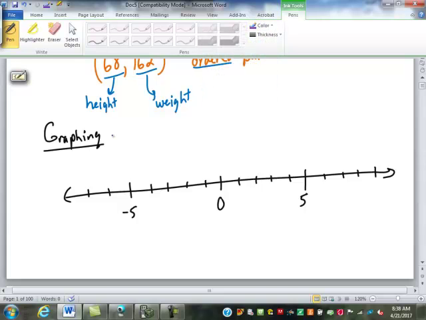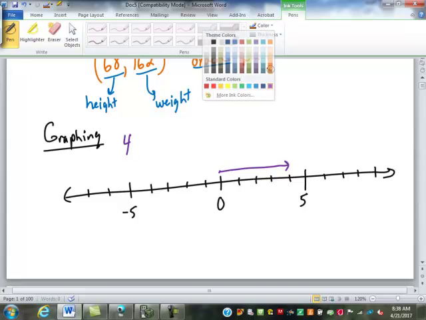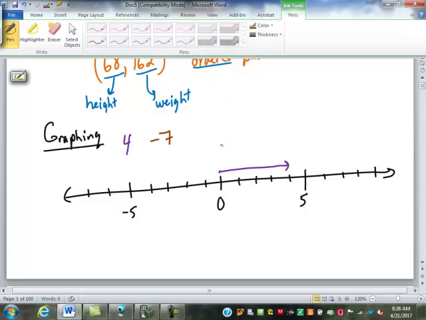For example, if we had a 4, one way we represented that is to take an arrow from 0 going to 4. Or if we had -7, we'd take an arrow, we called it a vector, from 0 to -7. Which is a great way of representing it if we're going to calculate with it. It's a good working representation.